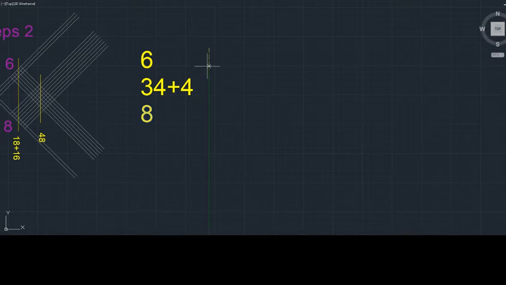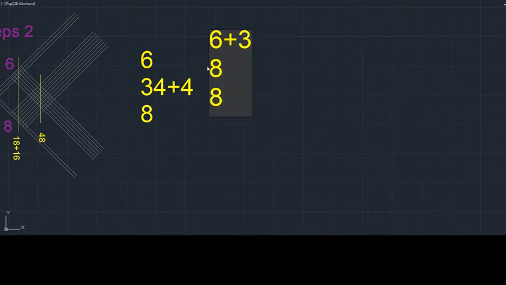Then we will move the 3 from the resulting 38 to get something like this. And so, obviously, we will end up with 9, 8, and 8, which will be equivalent to 988 if we were to put them next to each other instead of above each other.